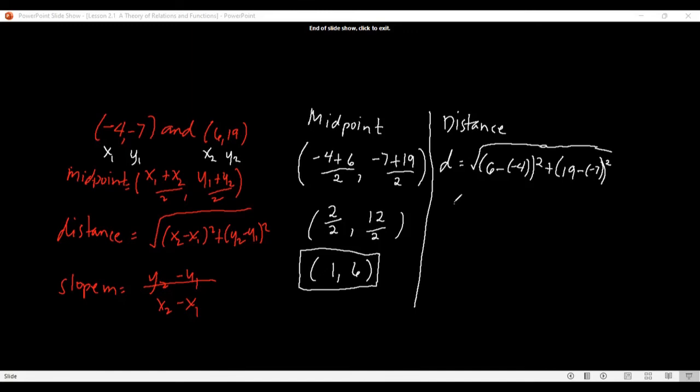Okay. So, we have the square root of 6 minus negative 4, and that is 10 square, plus 19 minus negative 7, and that is 26. Tama. 26 square. Yan.